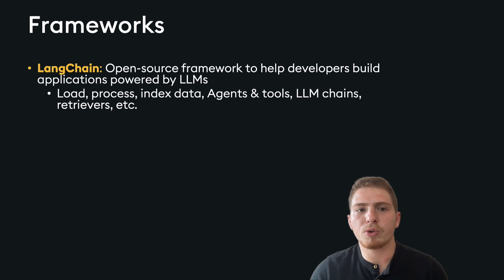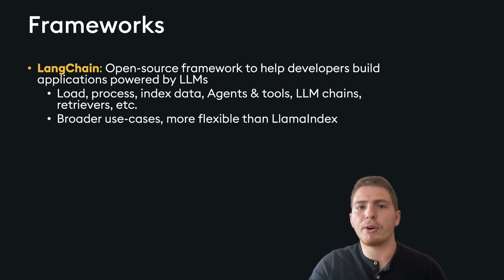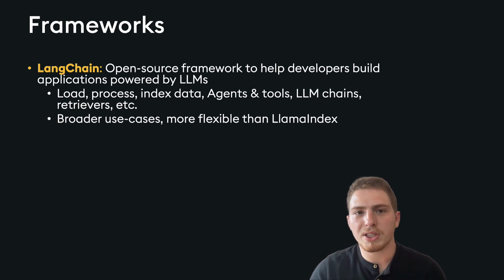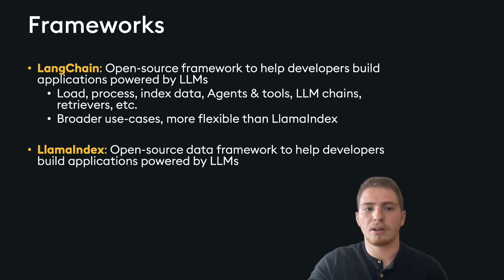It can help you retrieve data from your vector database. All these things is something LangChain has built up. And notice how it's a lot of things. It's a very robust library. Now, it has broader use cases than LlamaIndex, and it's a little bit more flexible because it's geared more towards developers building applications and less towards data science.